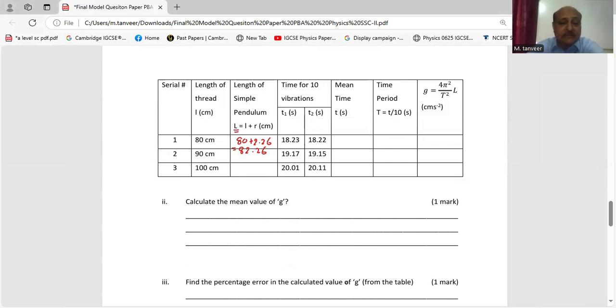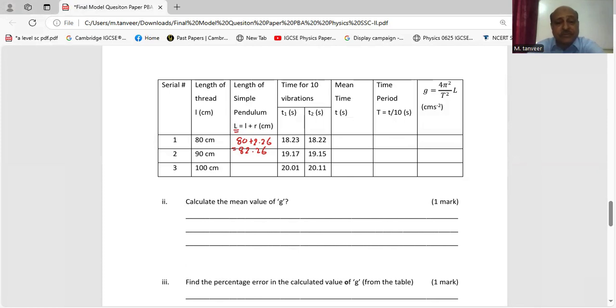Next is the length of the simple pendulum, small l plus radius. You will add 2.26 to this length, that means 80 plus 2.26 becomes 82.26. Next is time for 10 vibrations, 18.23. Again you have measured the time, which is 18.22.